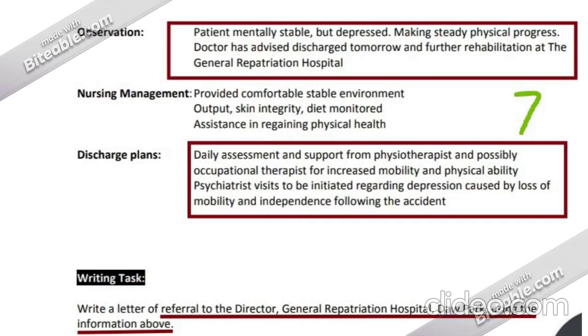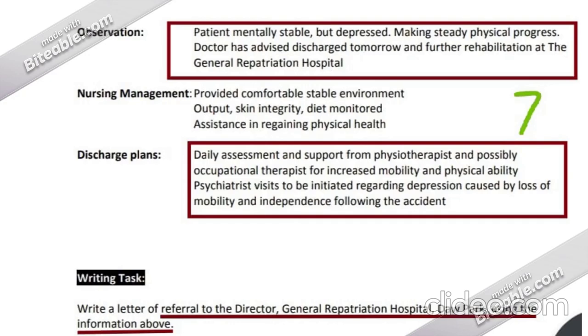Doctor has advised discharge tomorrow and further rehabilitation at the General Repatriation Hospital. So these all things are important. And one more thing, the patient is going to be discharged tomorrow. So our letter date will be different. The previous day, how to keep it? Or else we can keep the previous day's date and write that tomorrow the patient will get discharged.